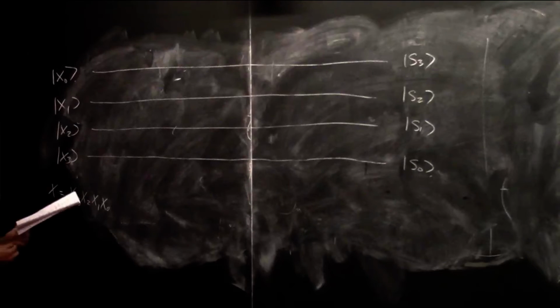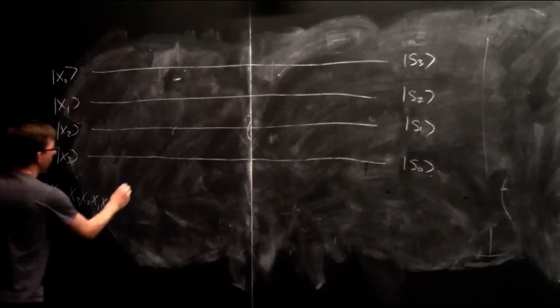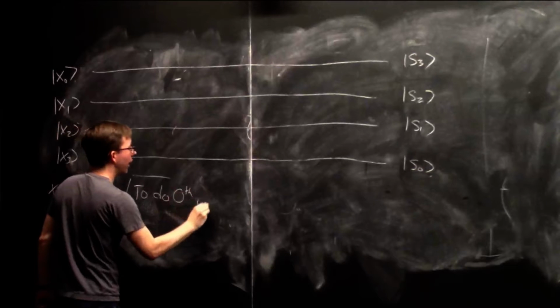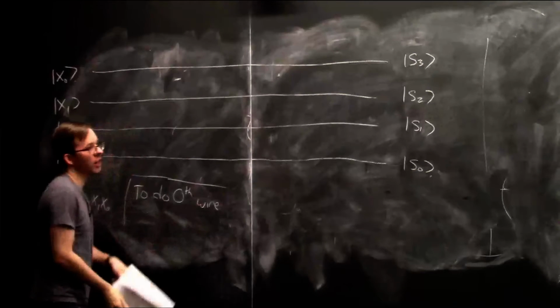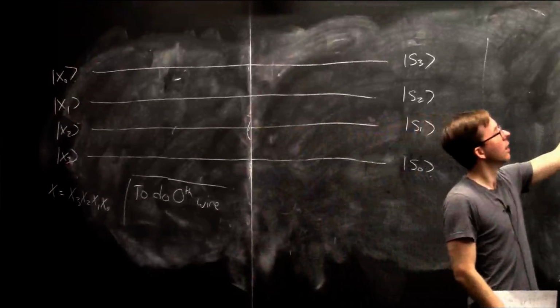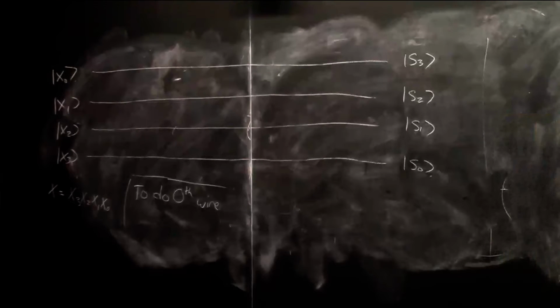OK. So, to do the 0th wire, we're going to describe the computation like qubit by qubit. So we're just going to try to get the top qubit into this state. OK, and then I'll talk about getting the second qubit into this state, the third qubit into this state, fourth qubit into this state.